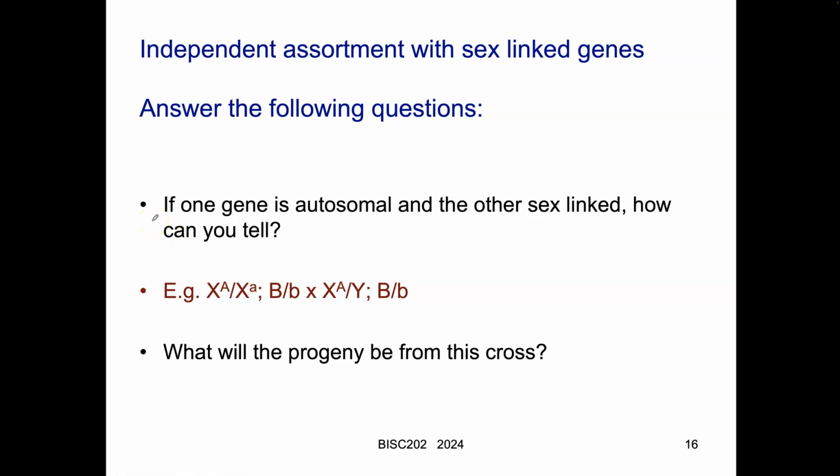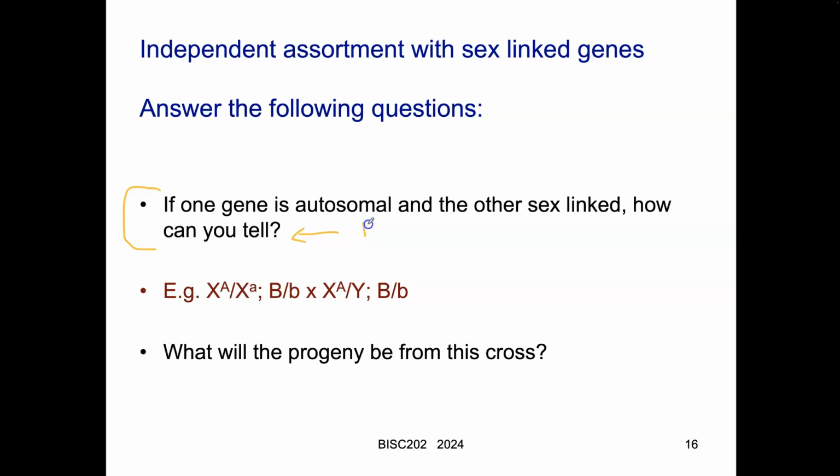Now, here's another twist. Suppose you have independent assortment, but one of the genes is on the sex chromosome, say the X chromosome, in the case of flies and humans and mammals of many types, but the other is autosomal. So 2 questions to ask yourself, and you should stop and think about these before we go on. If one is autosomal and the other is sex-linked, how are you going to be able to tell?